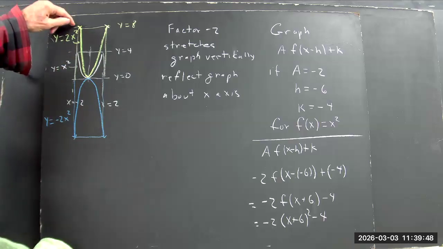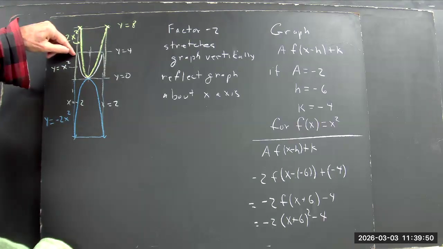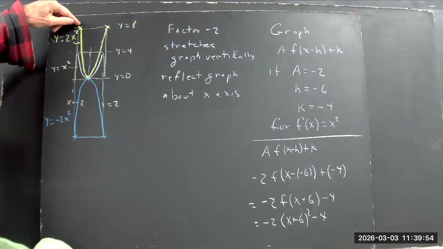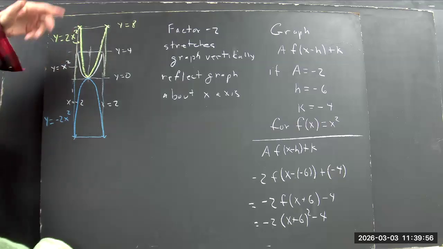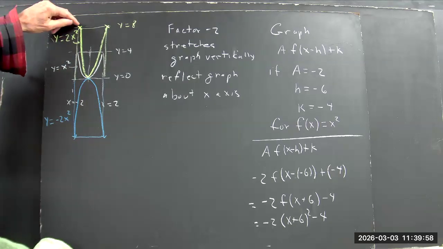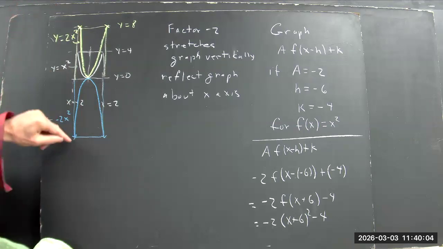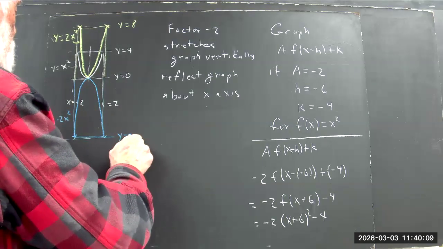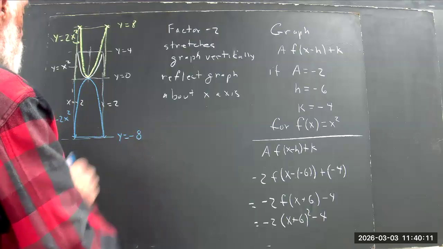So for example, the point negative 2, 4 is on the graph of y equals x squared. Negative 2, 8 then is on the graph of y equals 2x squared, because 2 times 4 is 8. And then if we want to do negative 2x squared, we're going to have y equal to negative 8. And let's label that down here, y equals negative 8.